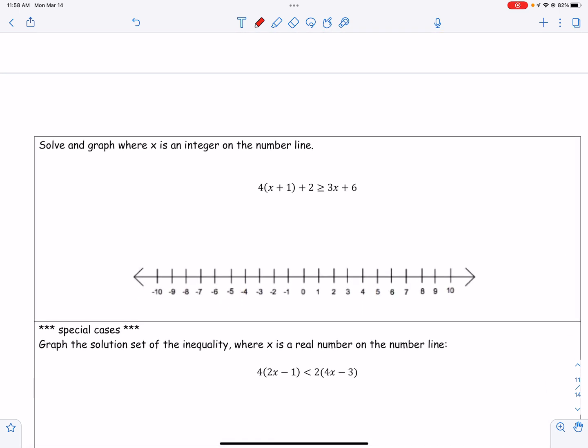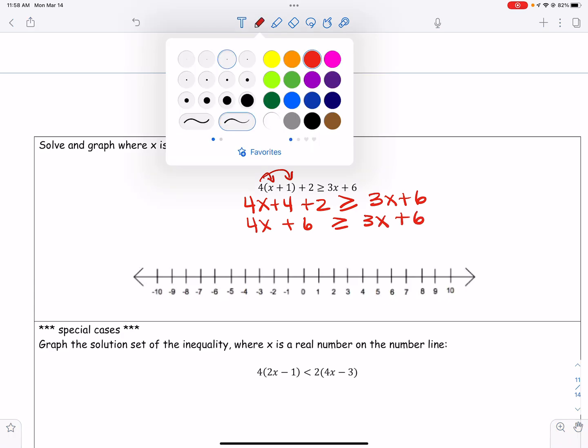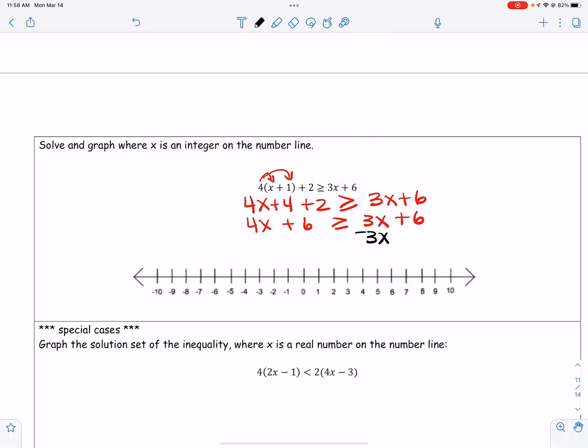All right, one more, and then we're going to get to two special cases. So I get 4x plus 4 plus 2 greater than or equal to 3x plus 6. So then I get 4x plus 6 greater than or equal to 3x plus 6. I'm going to subtract 3x. So I get x plus 6 greater than or equal to 6.